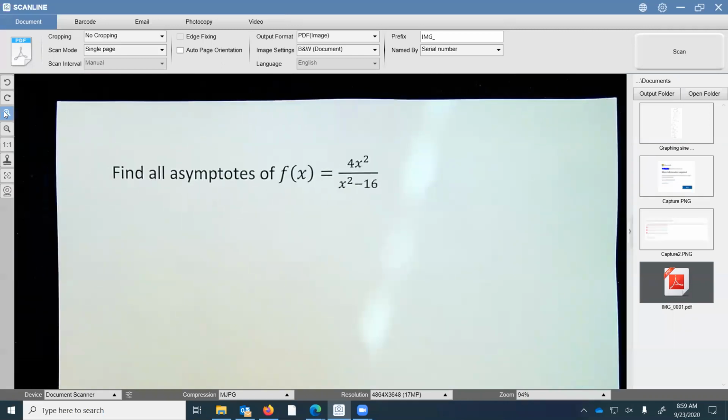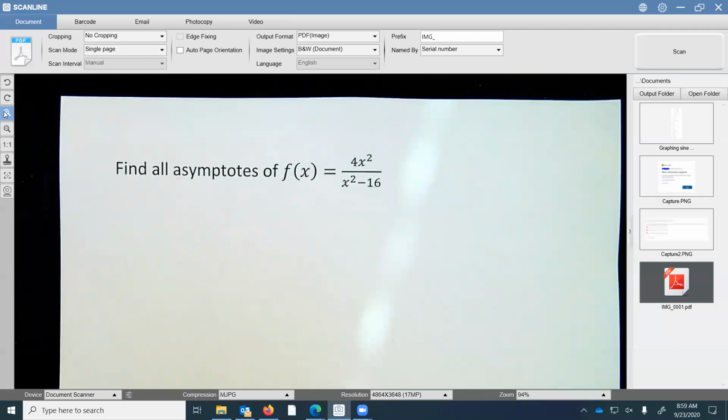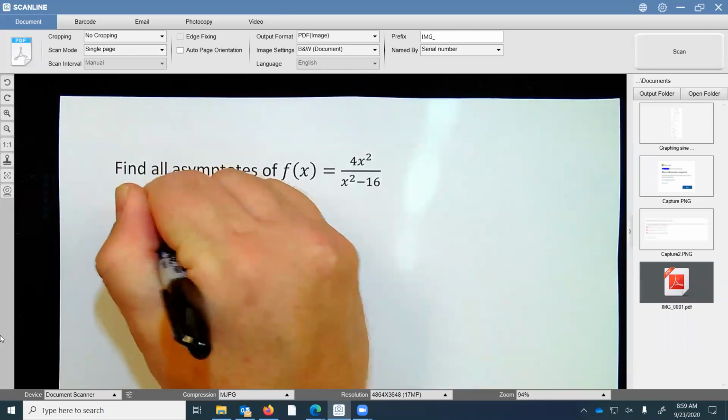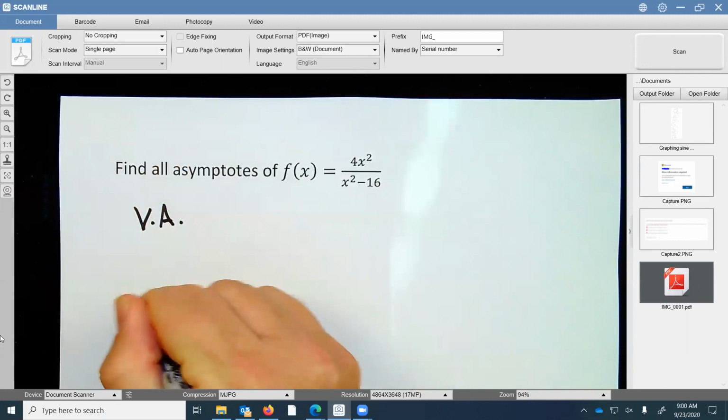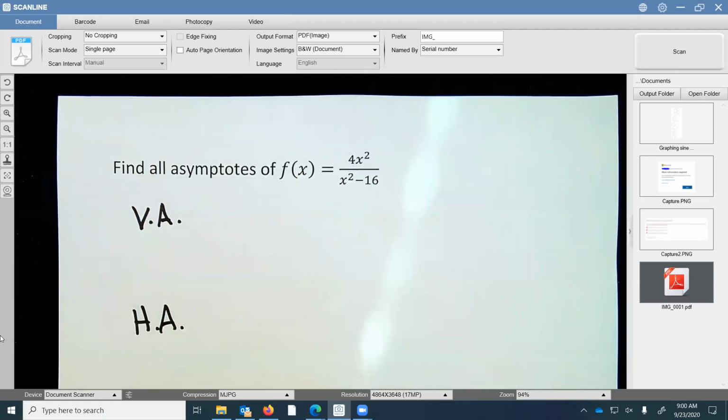All right, let's do this one. Vertical asymptotes occur where?